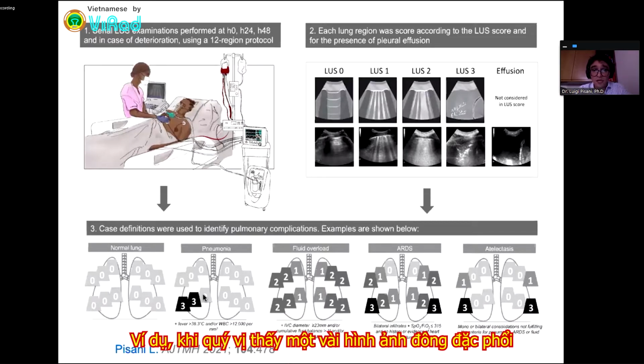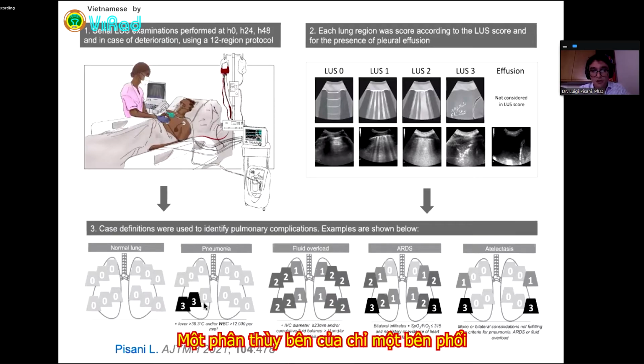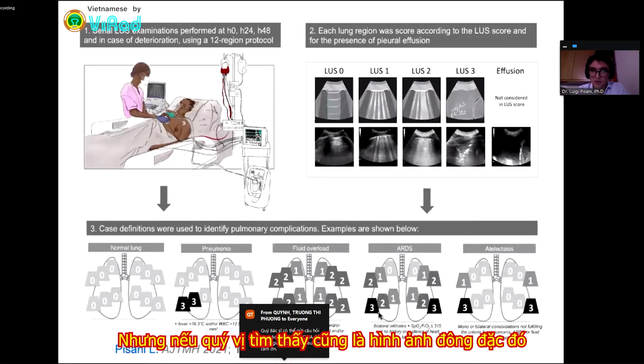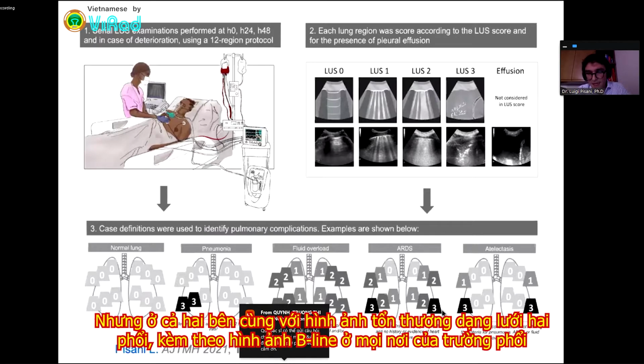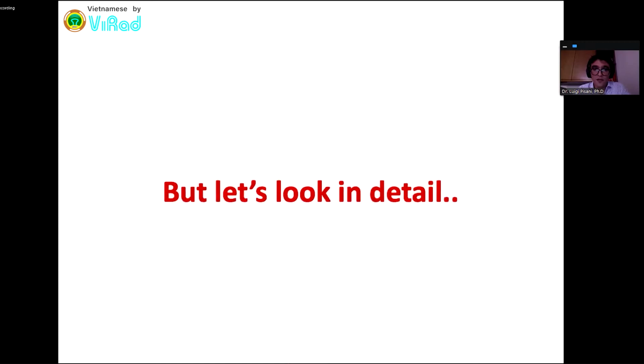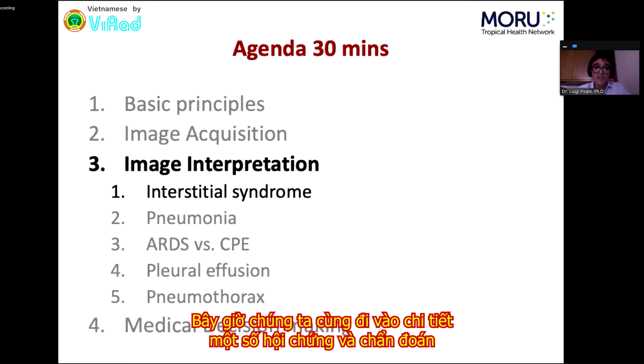For example, if you find a consolidation monolaterally, only on one side of the lung, it may be a pneumonia. But if you find the same consolidation, but bilaterally with a dishomogeneous pattern with B lines everywhere, this may be ARDS. Let's look in detail now at some syndromes or some diagnoses.